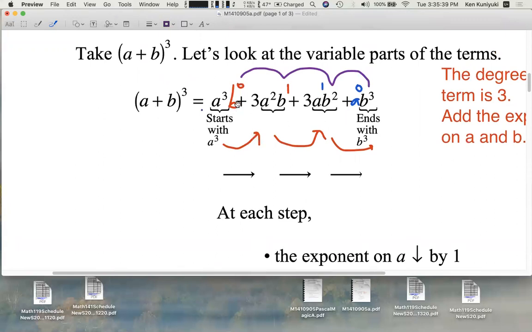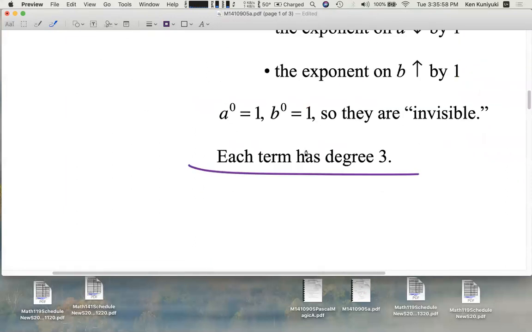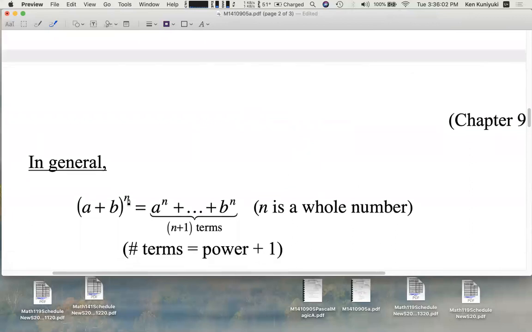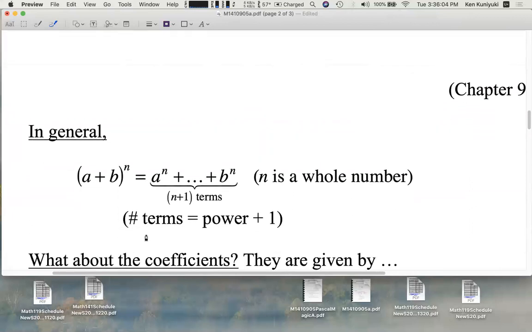The exponent on b goes from 0 up to 3. For emphasis, I'll emphasize the exponents on b. B to the 0, b to the first, b to the second, and b to the third. We have 4 terms here, not 3. So we have n plus 1 terms. The number of terms is the exponent here, plus 1.